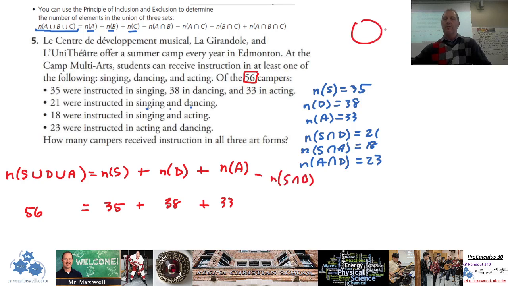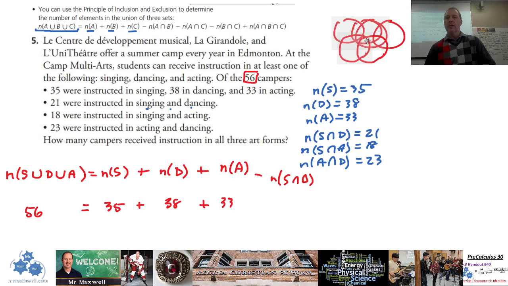Remember, if we have three sets like a Venn diagram like this, this is the reason why we do this. As we count, and I did this in the lesson before, let's say the singing one, all of this, I'm actually double counting when I count the B one.